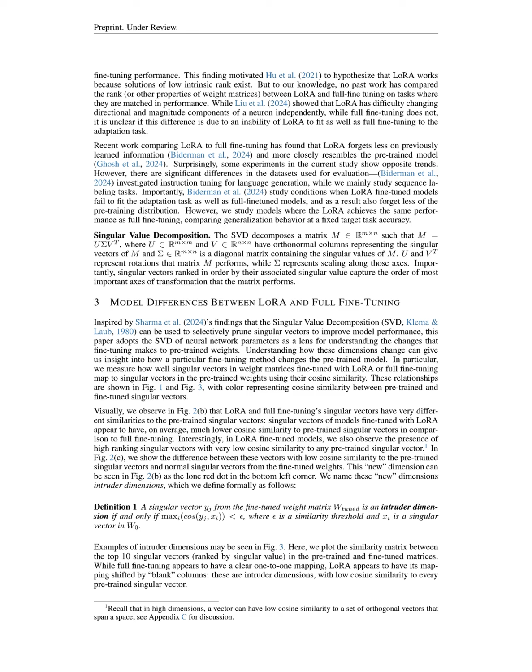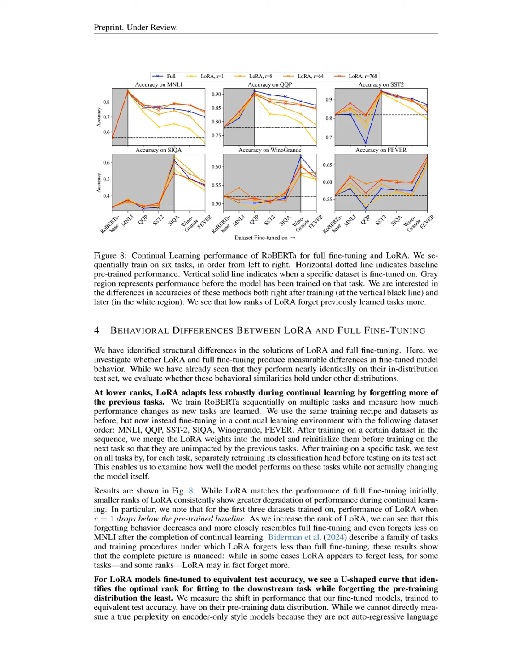We measured the total number of intruder dimensions in the fine-tuned models by applying singular value decomposition, SVD, to both the pre-trained and fine-tuned weights, assessing the cosine similarity of singular vectors to identify intruder dimensions. Additionally, we evaluated the model's performance in a continual learning environment, measuring how well they retained knowledge from previously learned tasks and their ability to generalize outside the adaptation task distribution.